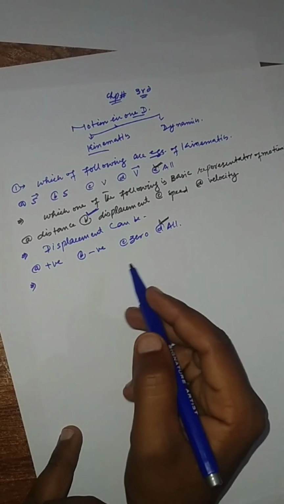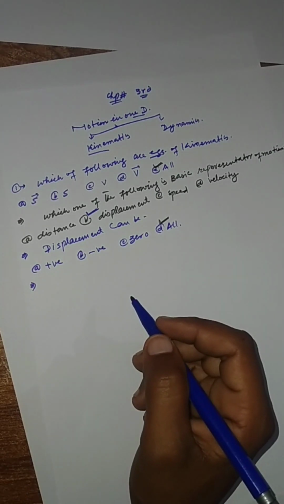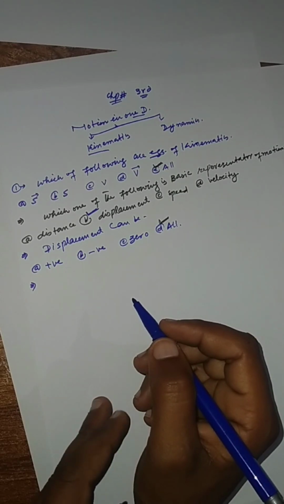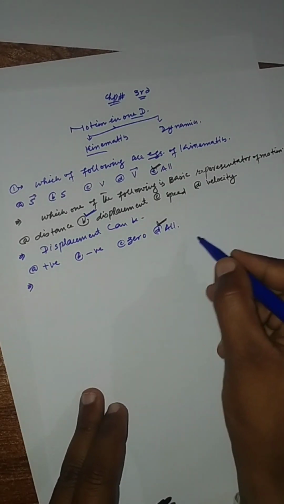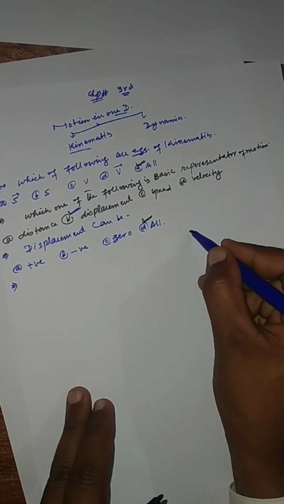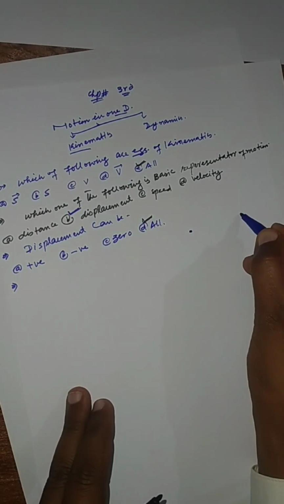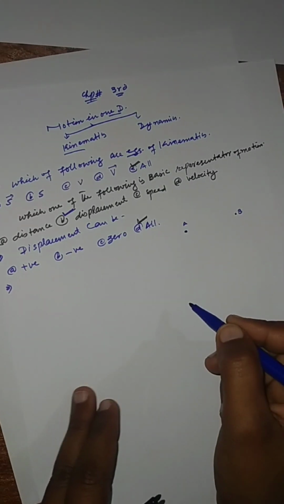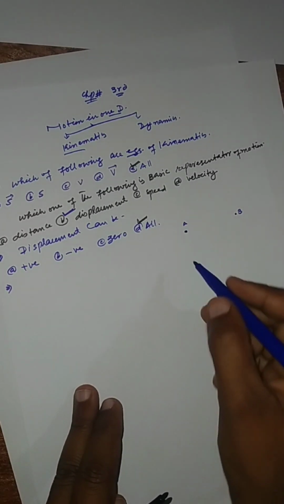Displacement is taken as the shortest distance between 2 points, and distance is the length covered by a body in any direction. Let's say we describe these 2 points, A point and this is B point.